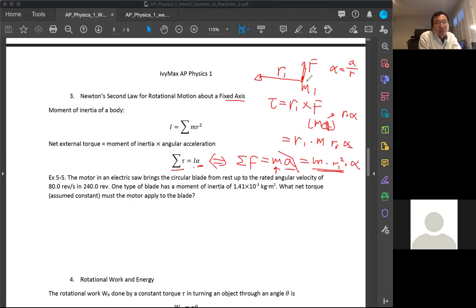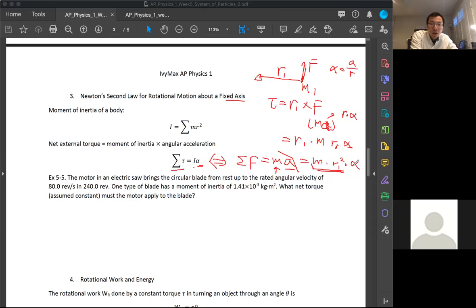Imagine that we have a lot of masses in your system that are all rotated about the same axis of rotation. You have m1, m2, m3, m4, right? We sum up all of that.